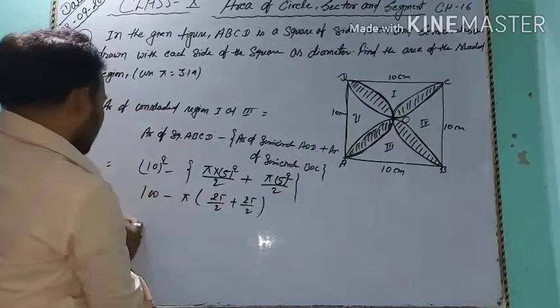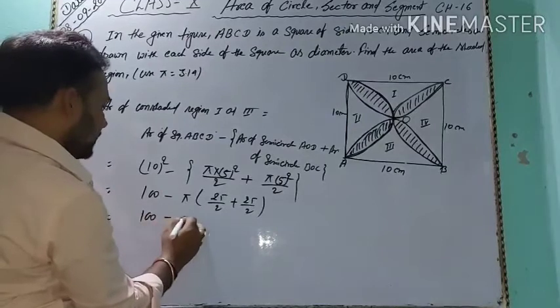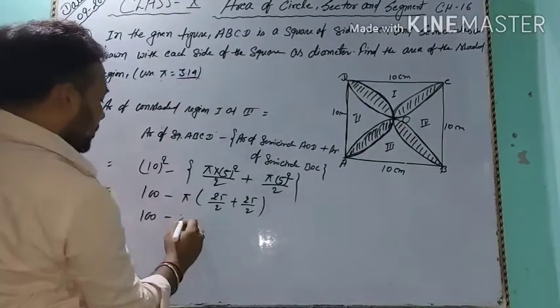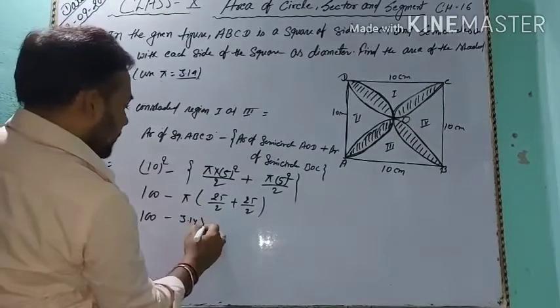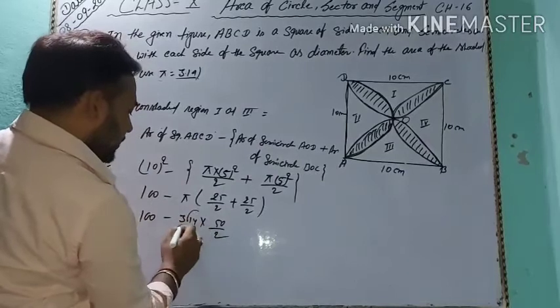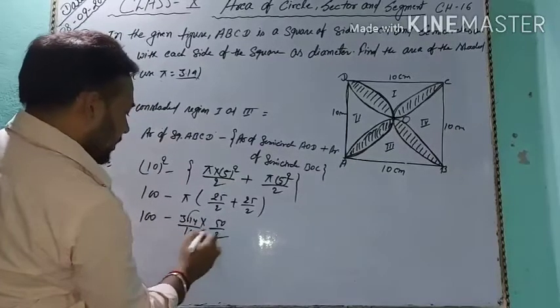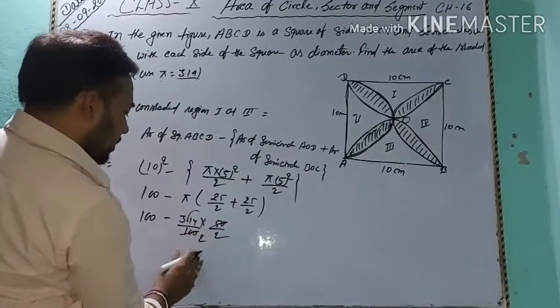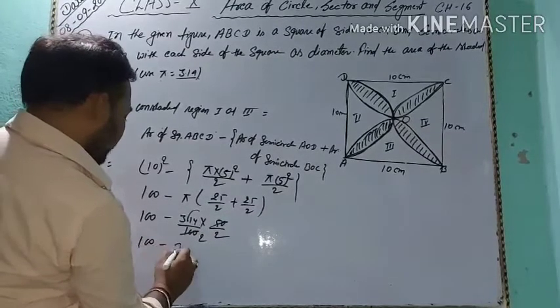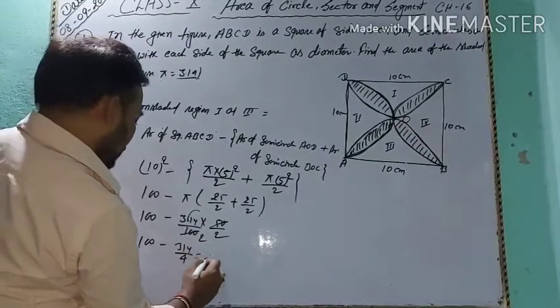Okay, so students, 100 minus 3.14, the value of pi equal to 3.14, multiply 50 by 2. Okay, removing the point, 100 and 100 minus 314 by 4.